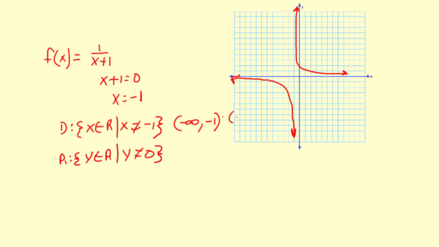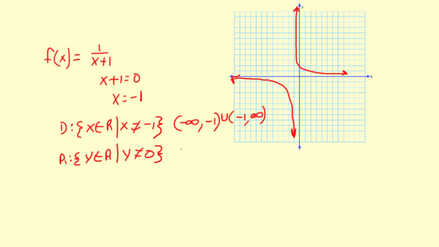So that is -1, infinity. And you put those together with a union symbol, like this. Okay, so this is interval notation, how you say x is an element of the real number set such that x is not equal to -1. You just say open interval -infinity, -1, union, that's what that U is, union with open interval -1, infinity.